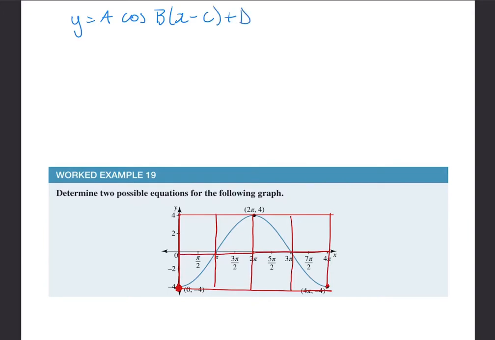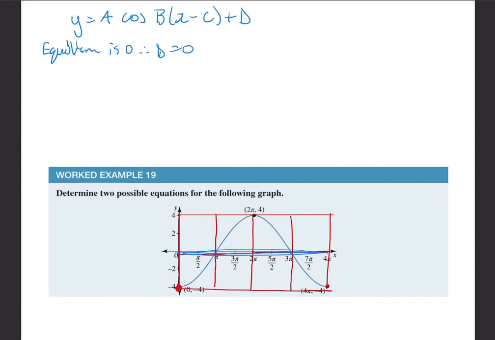Now, if you can remember, you need to say why you say whatever you say. We can say there's a reflection. I'm going to start with D, because D is what we have in the middle. Remember, D is my equilibrium. So I'm going to say equilibrium is 0, therefore D equals 0.